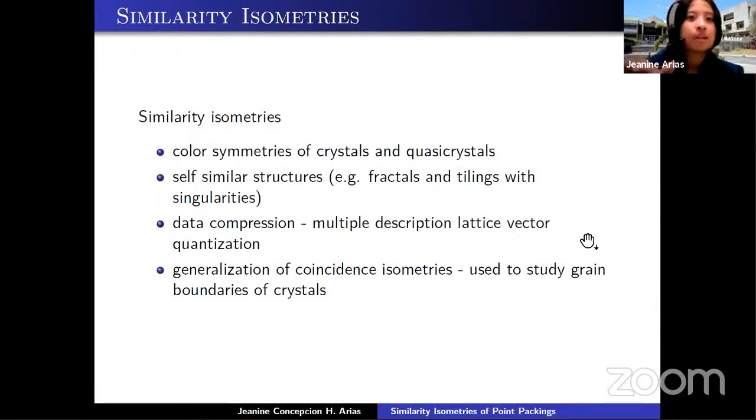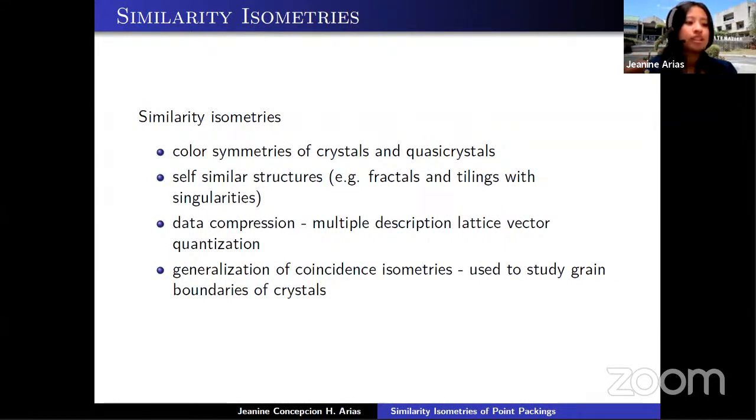Similarity isometries may also be viewed as a generalization of coincidence isometries, which are used to study grain boundaries of crystals. And from a theoretical standpoint, the group of similarity isometries and the group of coincidence isometries are mathematically related.